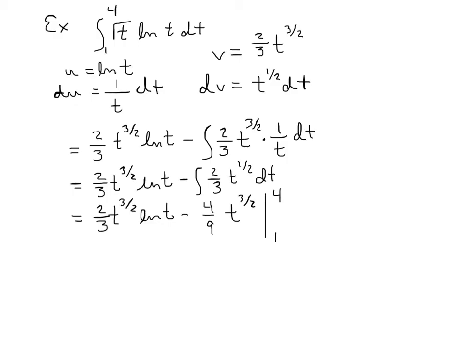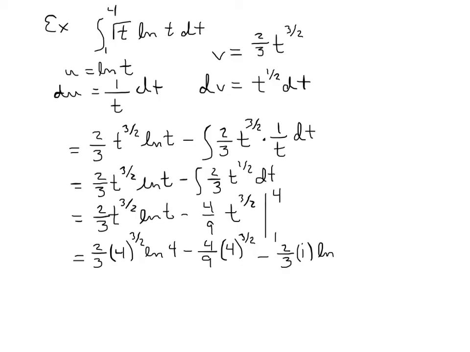Okay, so plugging in 4, I've got 2/3 times 4 to the 3/2 times natural log of 4 minus 4/9 times 4 to the 3/2, minus, I'm going to plug in 1, 2/3, well, 1 to the anything is 1, so that's just times 1 times natural log of 1, minus a negative, minus because it was the lower bound, another negative because it's a negative quantity on that term, 4/9, and then that's multiplied by 1.